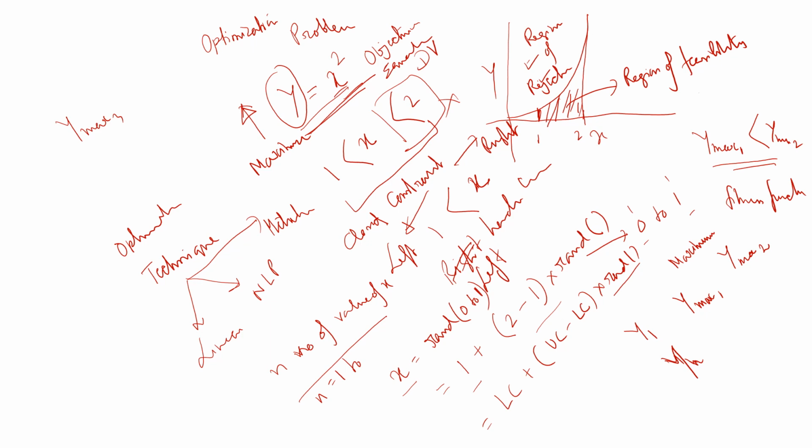Suppose for example y max 1 is 8, y max 2 is 10, y max 3 is 12, y max 4 is 14. It indicates that it is improving, but improving at the same rate.